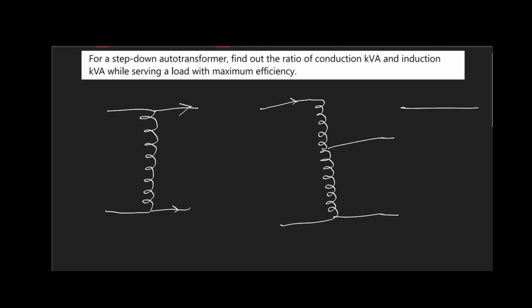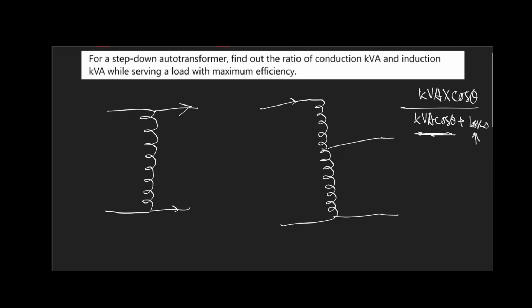So we will have the maximum amount of conduction kVA and the minimum amount of induction kVA. We can always get the maximum efficiency, provided the ratio of conduction kVA and induction kVA for a given configuration is maximum. That is the key point of finding the maximum efficiency. Well, so this was the question.